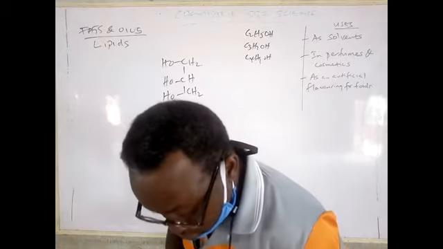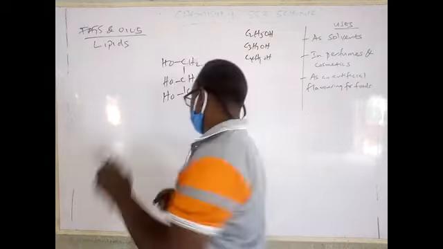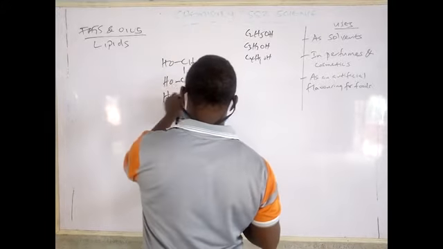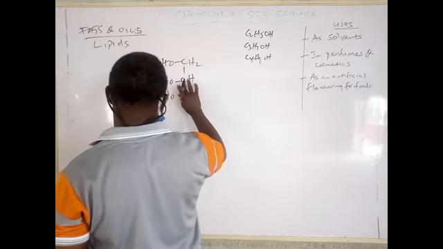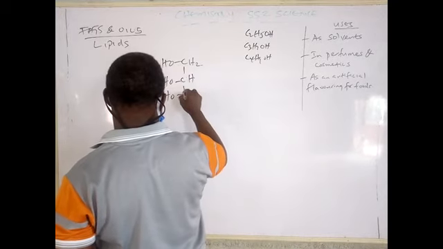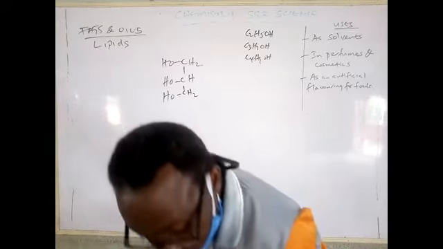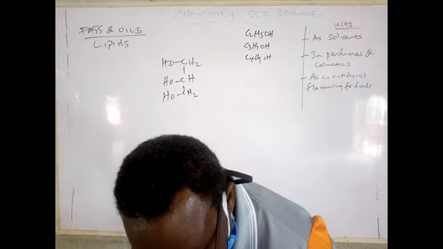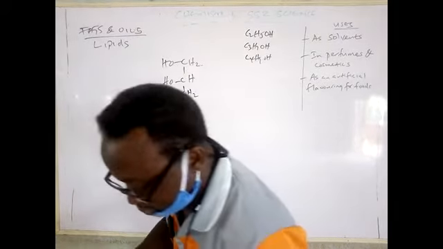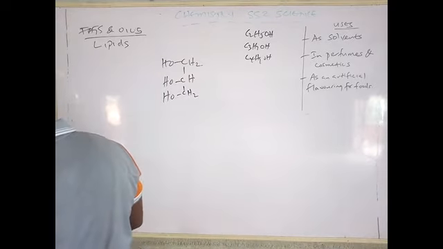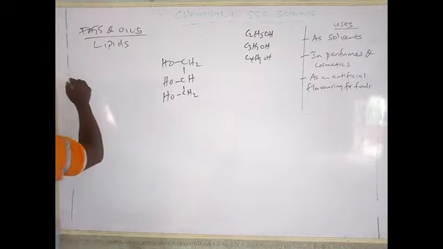So this is propane-1,2,3-triol having 3 hydroxyl groups. You have a fatty acid reacting with it to give you your ester and water.